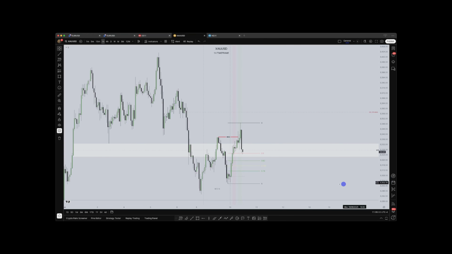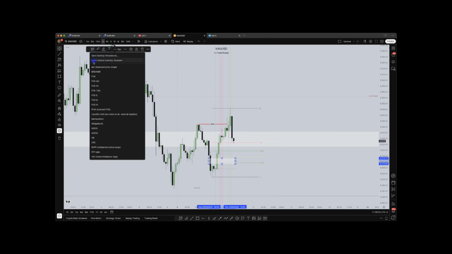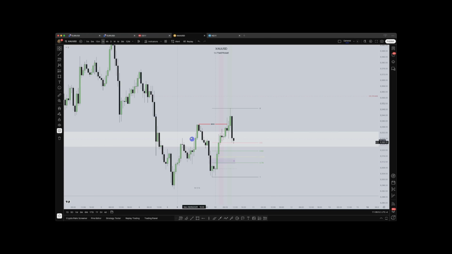So now my eyes are watching this level. This is an hourly time frame. And of course we have here another inversion fair value gap.